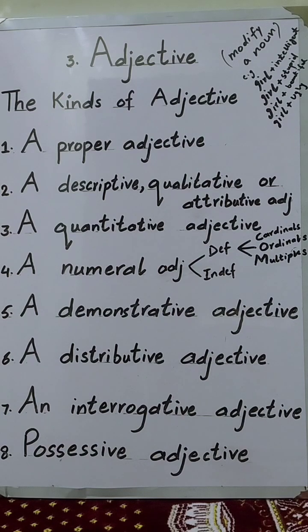The adjective is used to modify a noun. It's a describing word. It tells us something specific about a noun. In other words, we use adjectives to add something to the meaning of a noun. For example, we know the meaning of a girl. However, girl plus intelligent means something different from girl plus stupid.